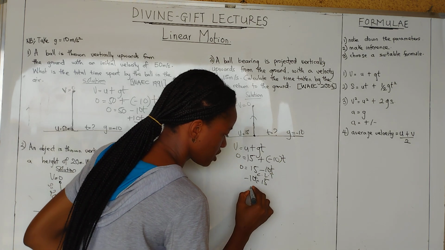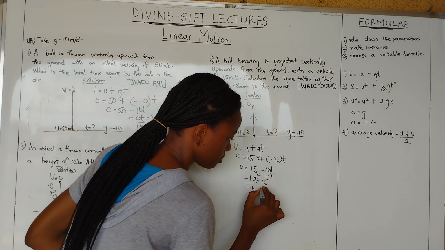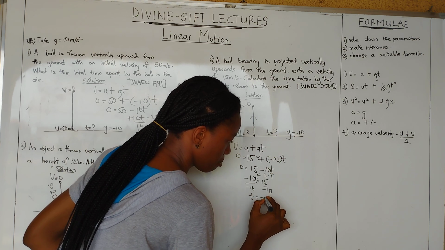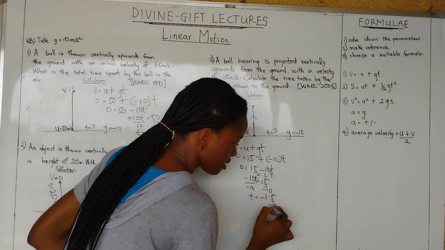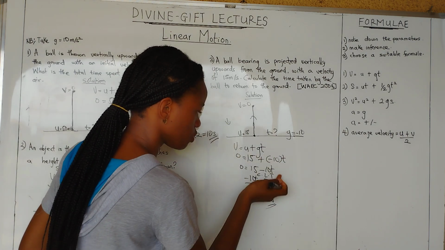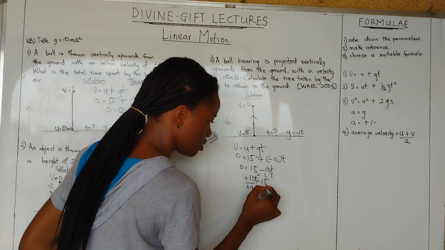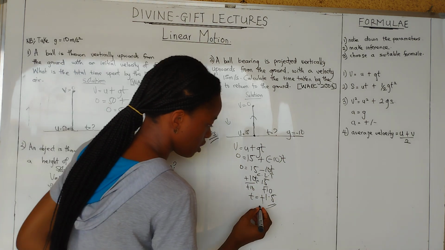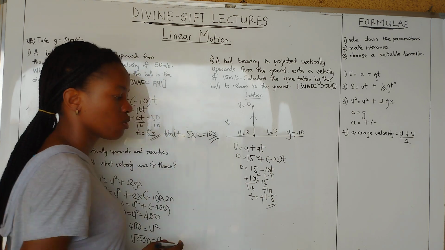Divide both sides by 10. t is equal to 1.5. t cannot be negative, so time is equal to plus 1.5.